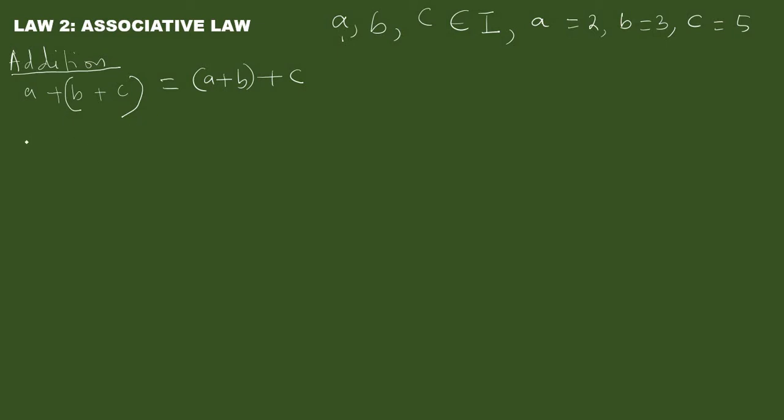It's going to be 2 plus (3 plus 5). Remember, we start with the bracket, so it is 2 plus 8, giving us 10. On this side it will be (2 plus 3) in the bracket, then plus 5, and that is 5 plus 5, giving us 10.